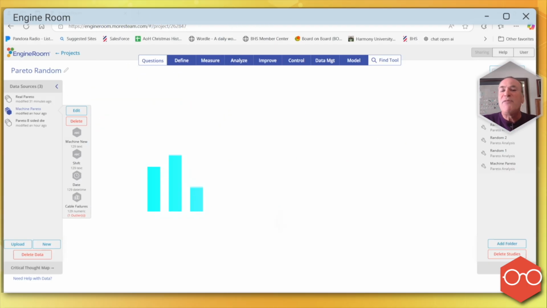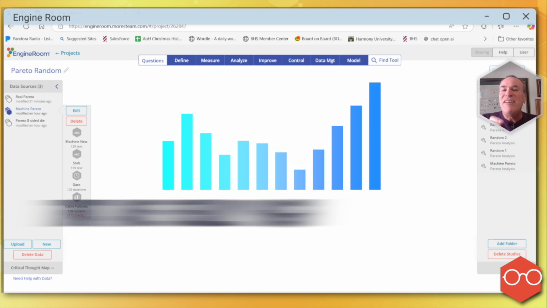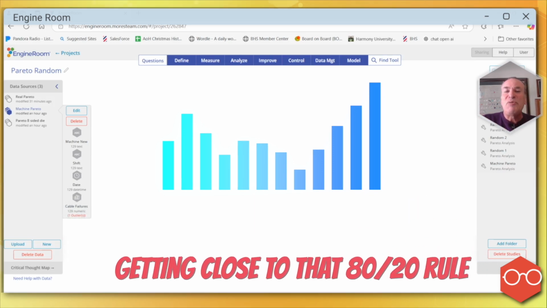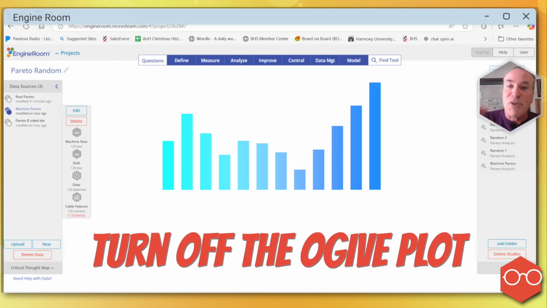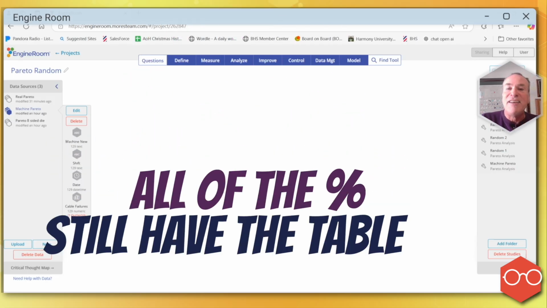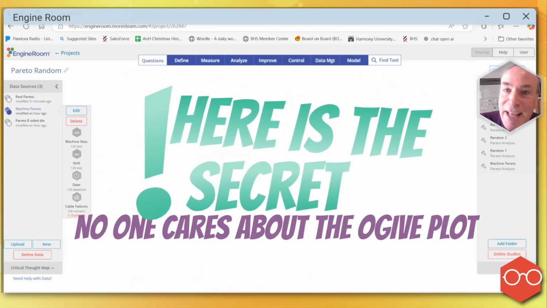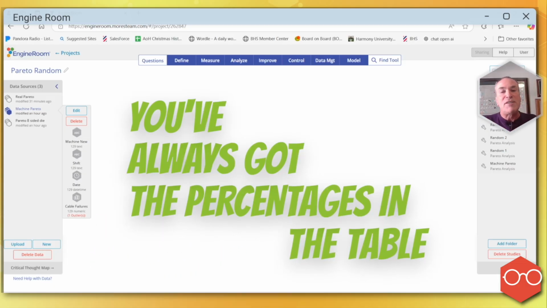But if you see that you have one or two bars that are really high and you're getting close to that 80-20 rule, then for management presentations, turn off the ogive plot. You still have the table, you still have all of those percentages. Here's the secret. No one cares about the ogive plot. They care about the relationships. And you've always got the percentages in the table.